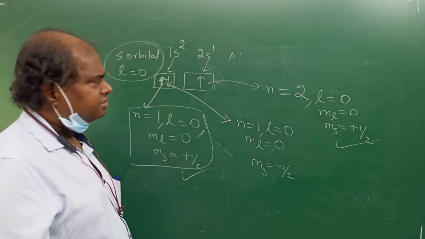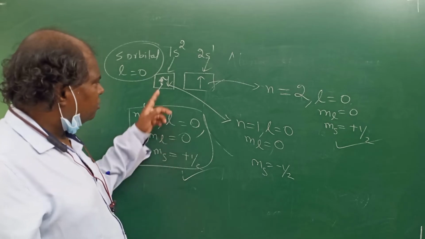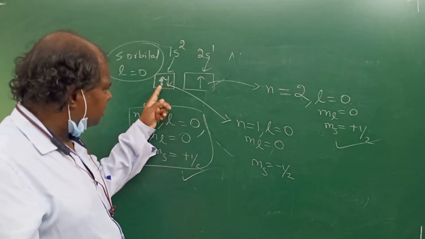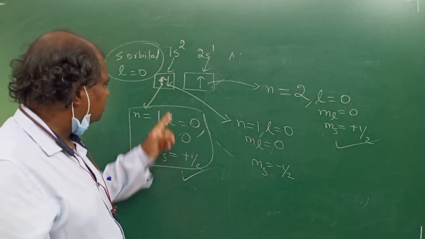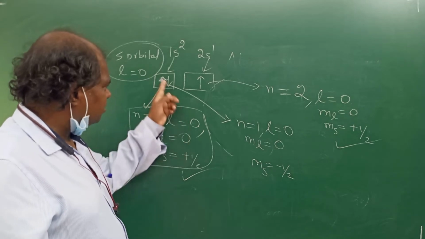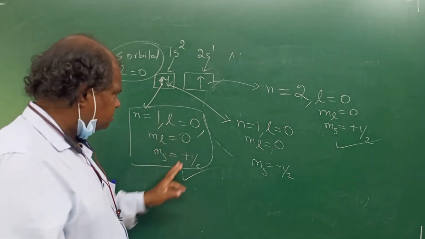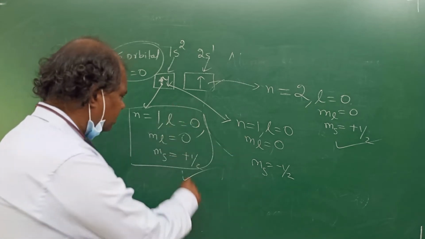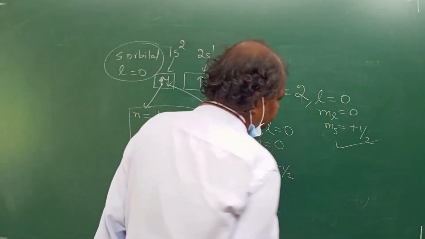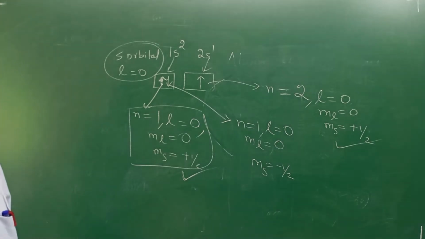I hope students you are getting it. What you should do is write the address for every electron, like write the quantum number for every electron. So n is equal to 1, l is equal to 0. If l is equal to 0, ml can take only one value, 0. Then plus half, minus half. So that will be the answer.